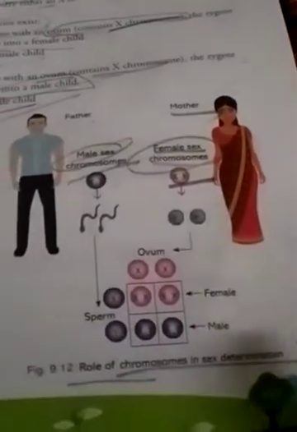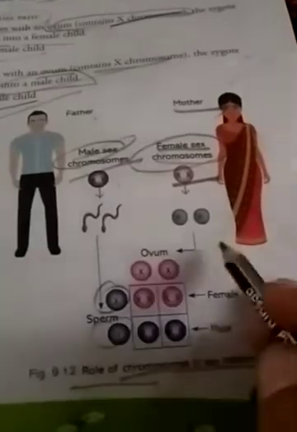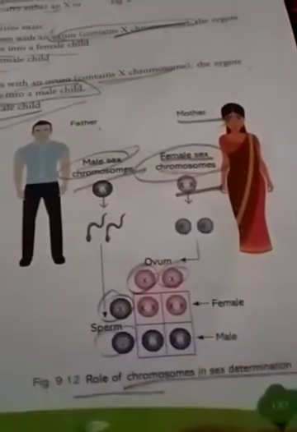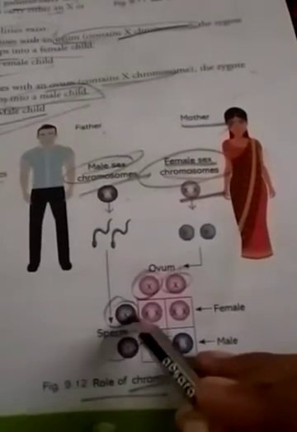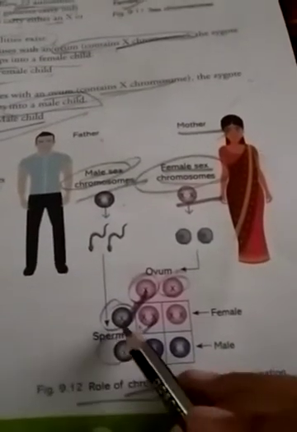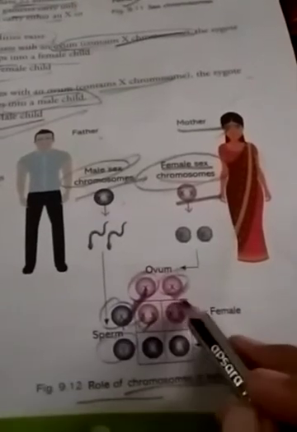Then there are two possibilities. The father produces X and Y sperm, and the mother XX ovum. When an X chromosome fuses with an X, it forms XX, the possibility of a female.